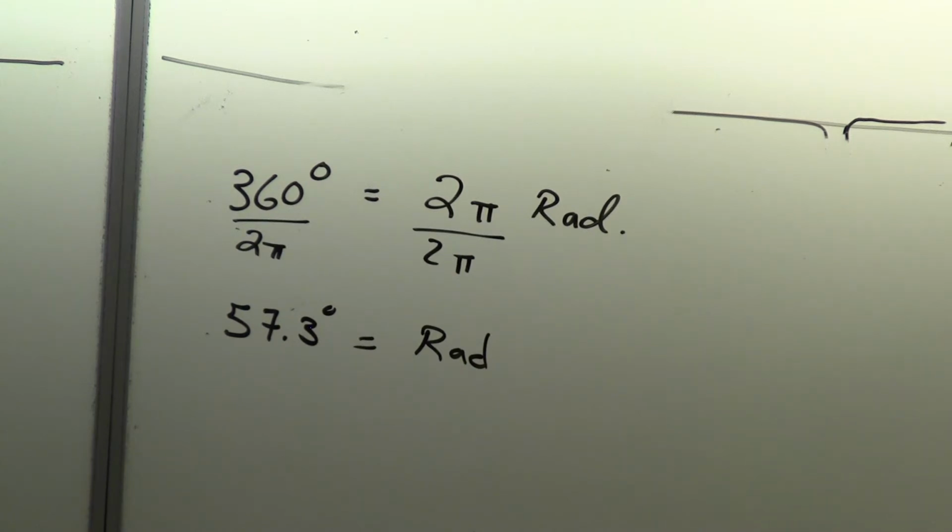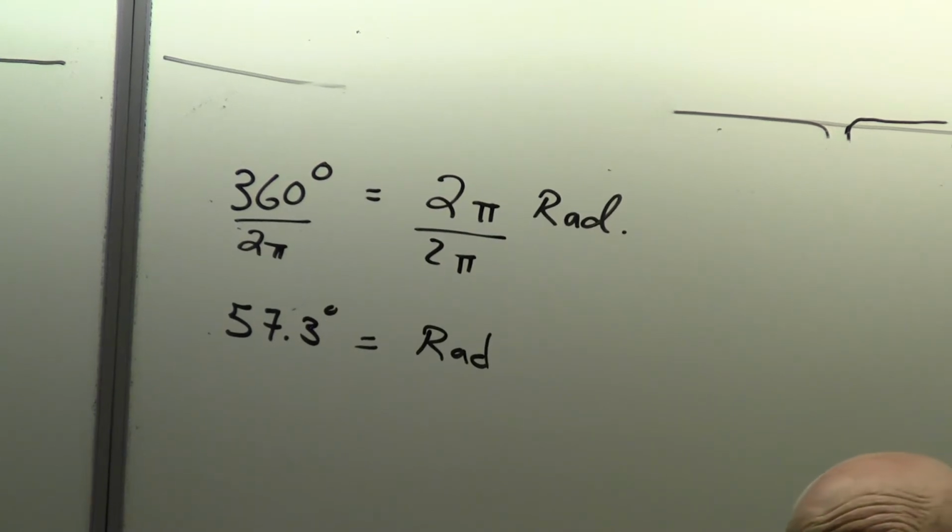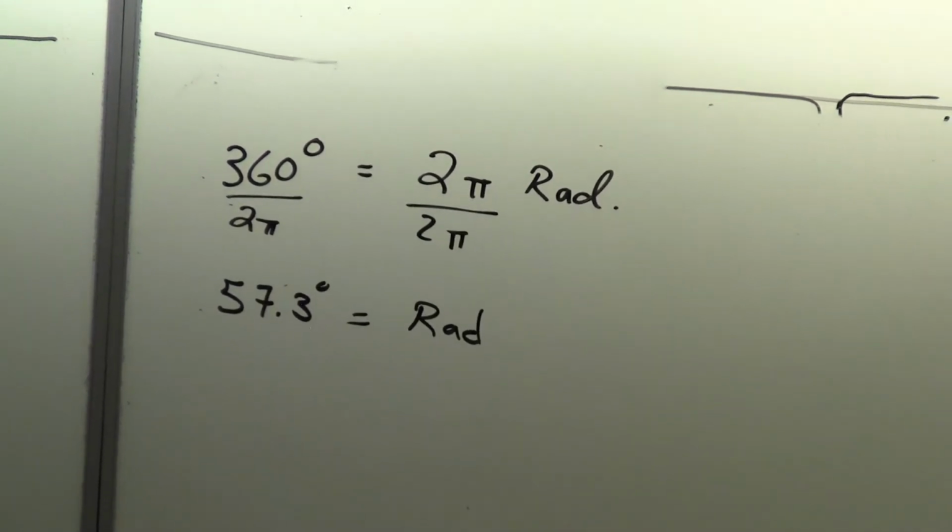And so I would say, if you know it in degrees, can you convert it to radians? In the same way, if you knew the distance in meters, could you switch it to centimeters?